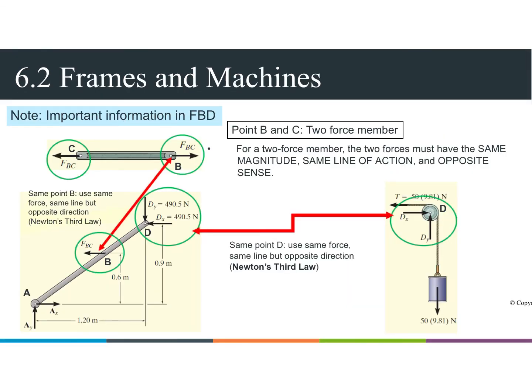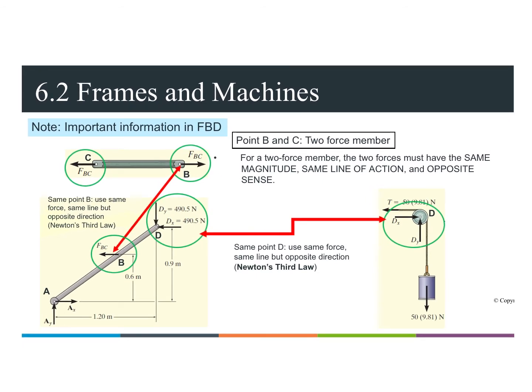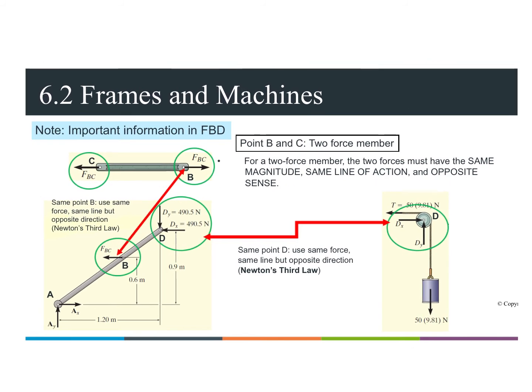Okay, so next, when we want to come up with the FBD, we have to make sure that the point or the component cannot use the same direction. Let's say here we have the two force member FBC. Basically we assume it is a tension force.